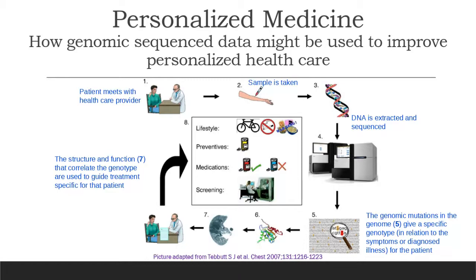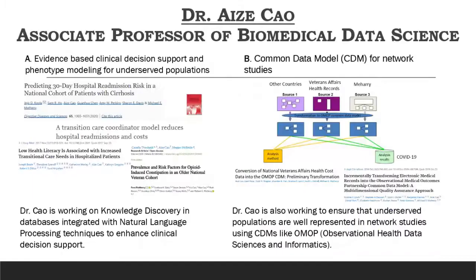The second faculty member is Dr. Aize Kao. She is Associate Professor of Biomedical Data Science in the School of Applied Computational Sciences. She has done a lot of work on evidence-based clinical decision support and phenotype modeling for underserved populations.